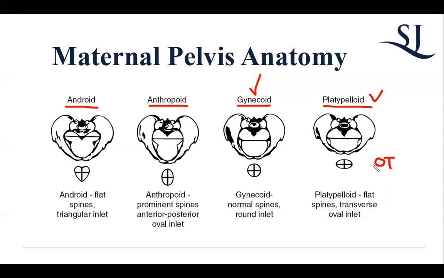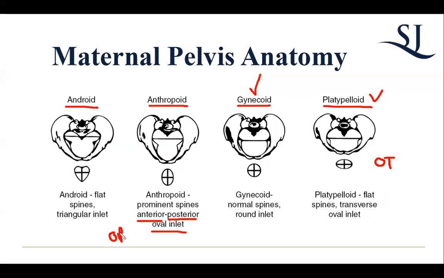Okay, because it's kind of flattened. Your anthropoid has an increased AP diameter, and you are more likely to have an occiput posterior position because of that. OP.